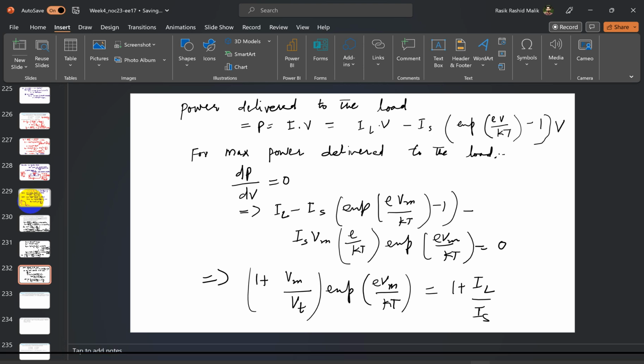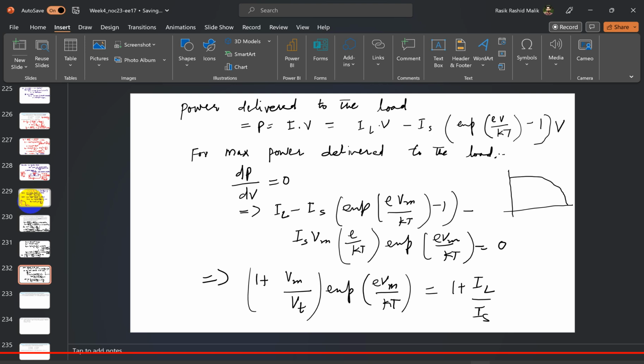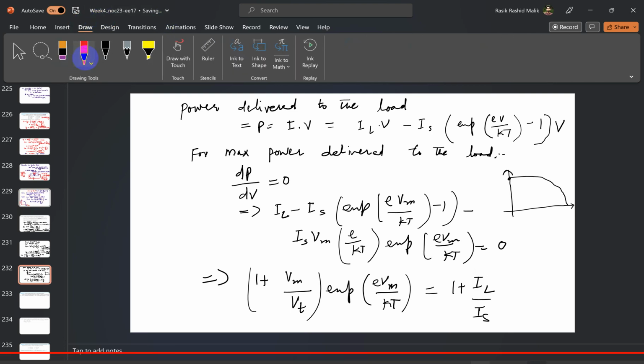If we had to find the maximum power rectangle, when V is equal to VM, we can find the corresponding current from the I-V graph of the solar cell. This is ISC that we have already talked about, and this is VOC.